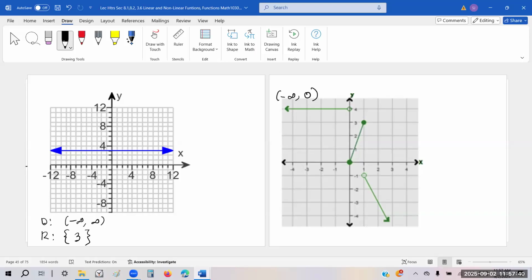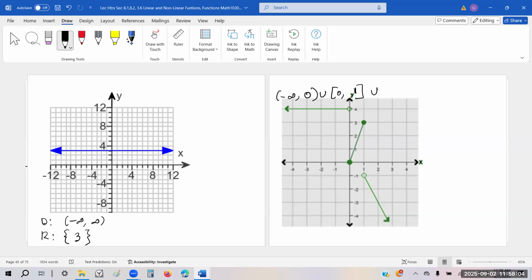And then you look at the second piece. In this second piece, what is the smallest x value you see? 0. And what is the largest x value you see? 1. And they both have which end? Bracket. So union 0 to 1. Union means plus.